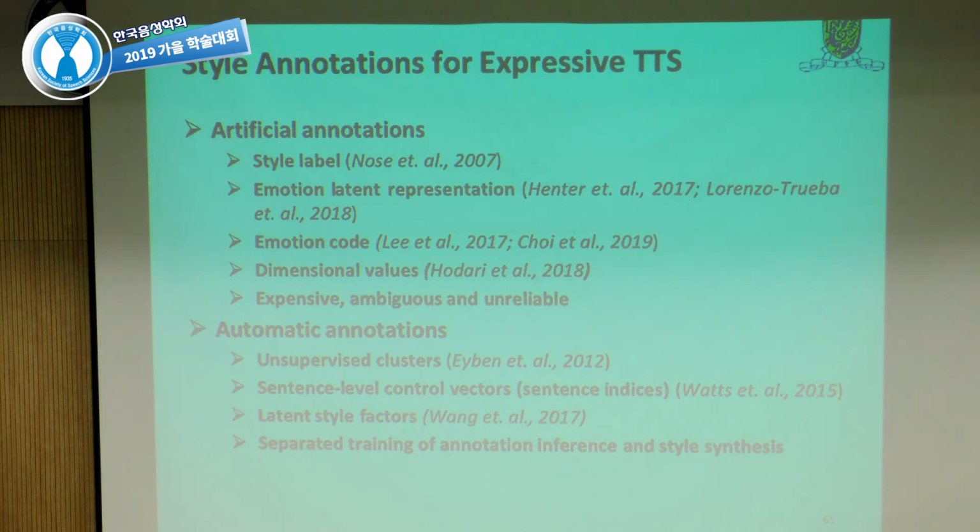Also, to try to address this problem, some research uses dimensional values, like specifying the arousal value, the dominance value, trying to use such a continuous space to specify the emotion. But when we use this space to annotate data, the data is actually quite ambiguous and unreliable.